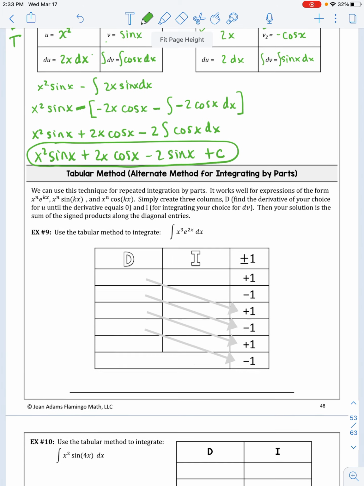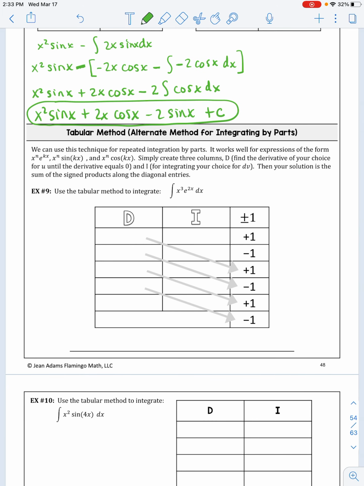So sometimes you have to use integration by parts more than once. When you have to do that, most of the time there is something called the tabular method. It works well when you have a polynomial and another function that has a pattern, like sine or cosine. Those two have a pattern that repeats, so it works best on those types of functions.